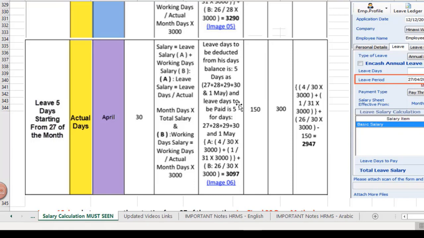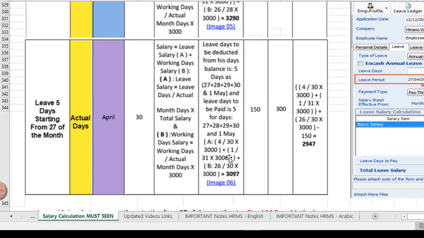So the leave days to be paid is 5, because 27, 28, 29, 30, 4 days of April, and the last day of May. That's why we put here 4, because 4 days up till 30 are 4 days, and then divided by this 30 multiplied by the salary, plus why did we put 1 here? Because it's 1 day from May. It's what's left from the 5 days of absence.